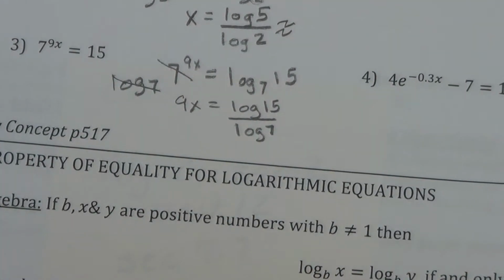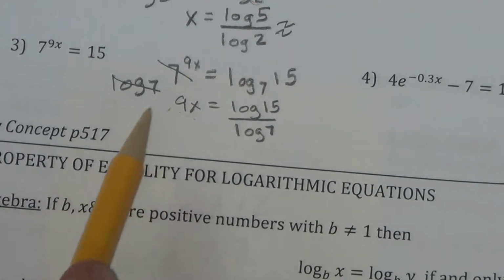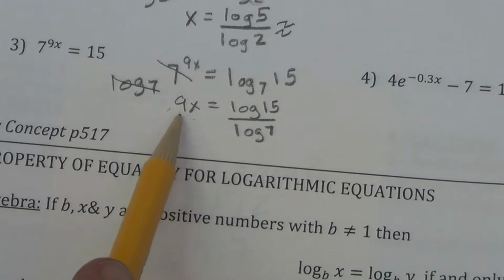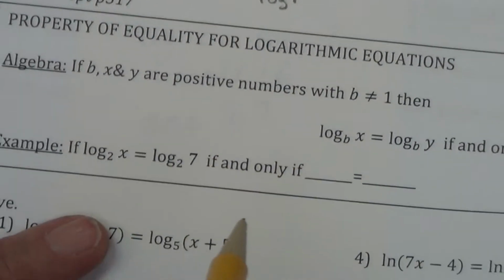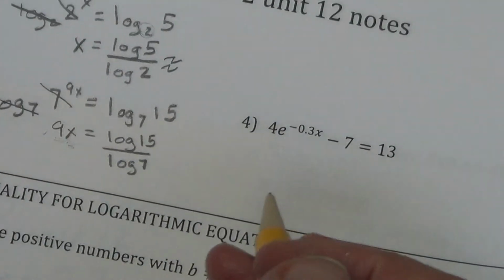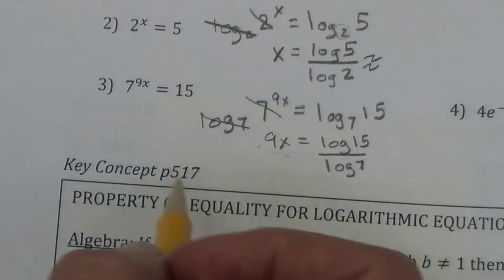Well, when you put that into the calculator, you've still got to figure that doesn't equal x yet because we've got 9x. So what do you think you'd do on each side to get that x alone? If you said divide by 9, you are absolutely correct. So proud of you. You are doing some good math.